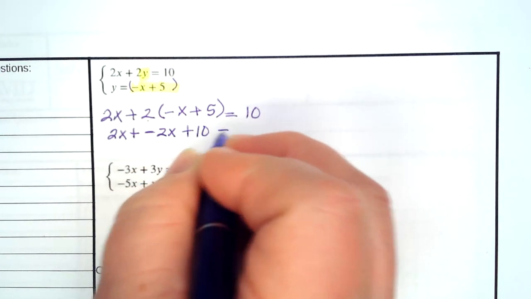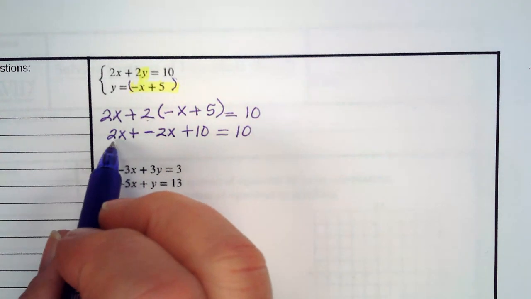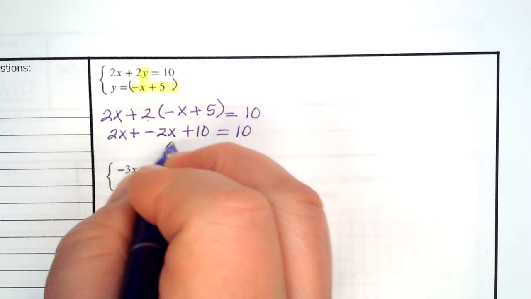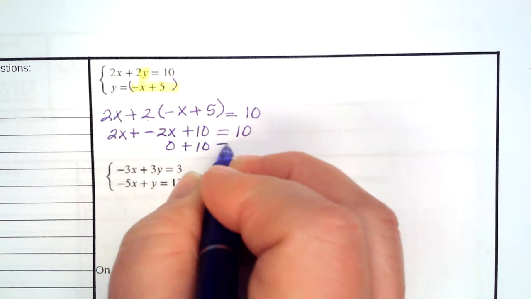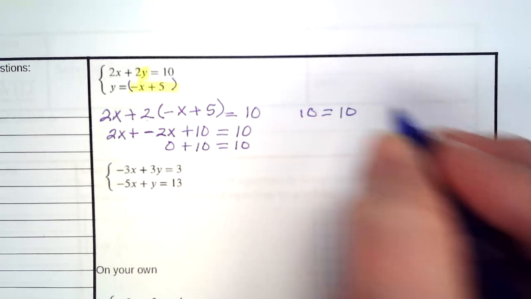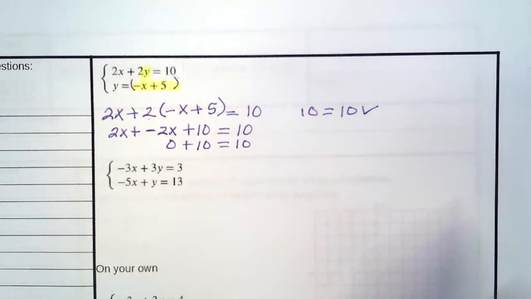Plus 10 is equal to 10. 2x plus negative 2x is 0. 0 plus 10 is equal to 10. 10 is equal to 10. Is that a true statement? Okay, we solved it correctly.